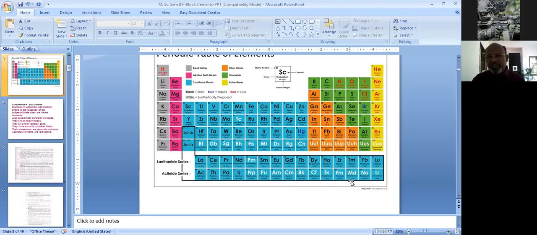We know that 2019 was celebrated as IYPT, the International Year of Periodic Table. We know that Mendeleev was regarded as the father of the periodic table, who made a major contribution to the periodic table.